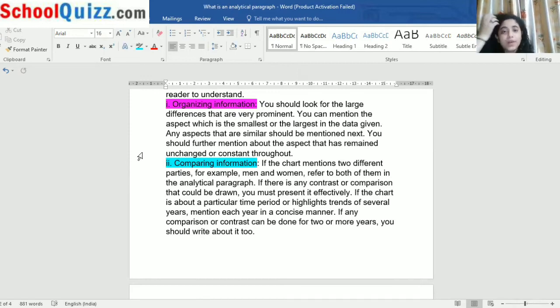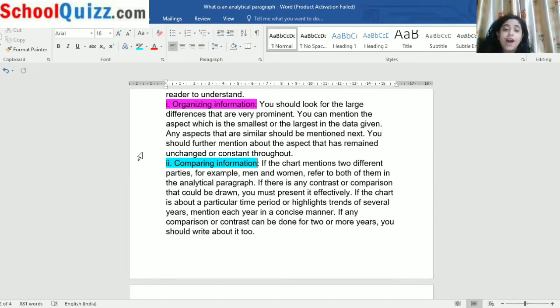So as we are writing the body of the paragraph, we'll write everything in detail. For that, first we have to organize the data, right? Second, we have to compare the information. Whatever is given to us, we have to compare in the best possible manner.